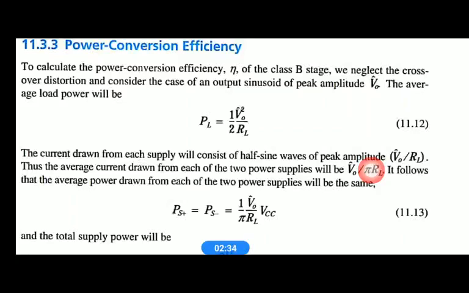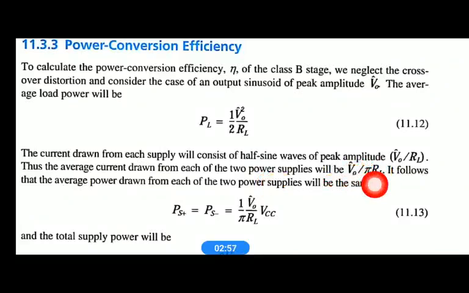Thus the average current drawn for each power supply will be V0 by pi RL.